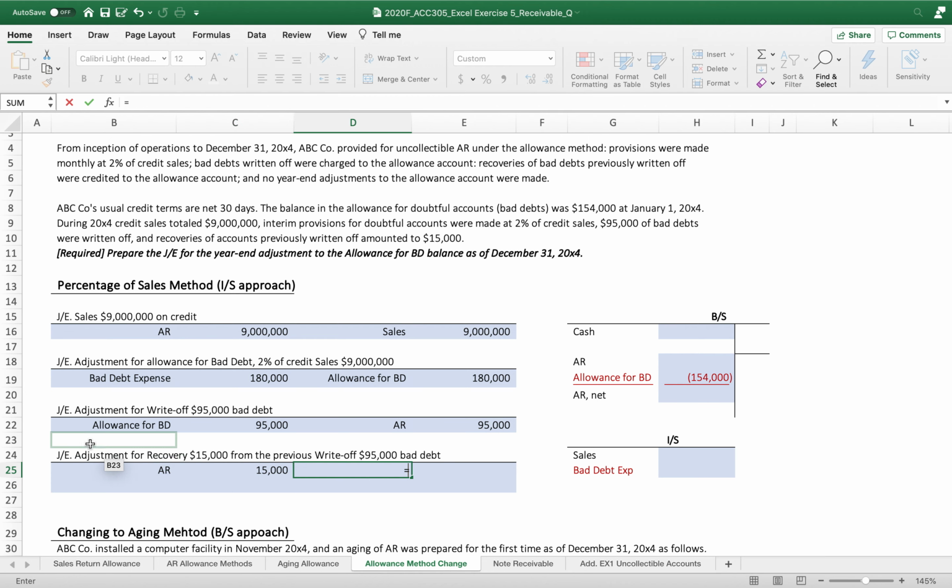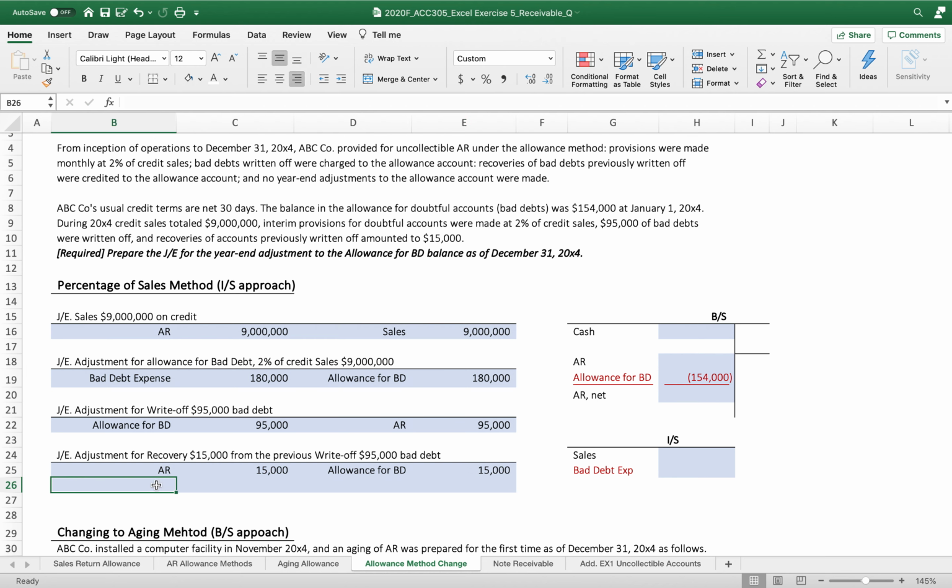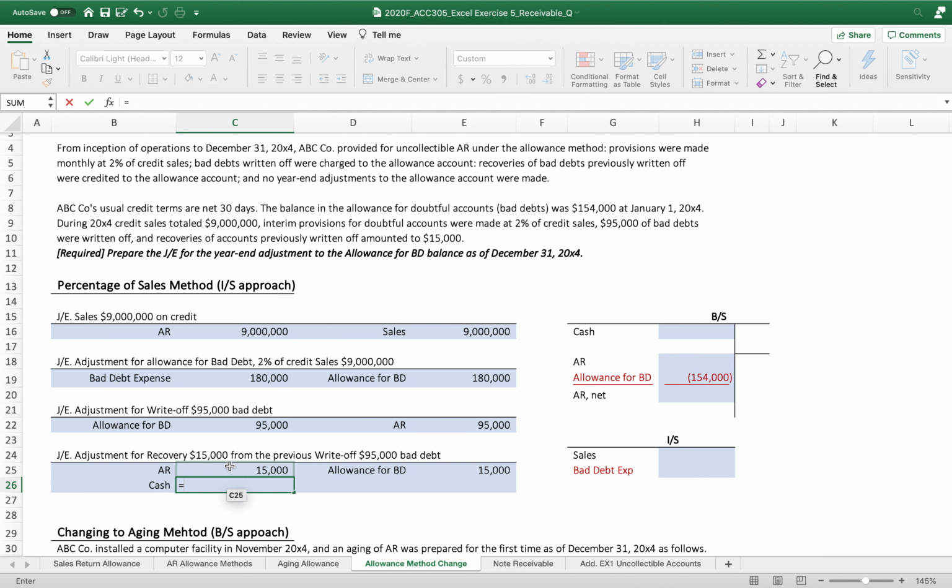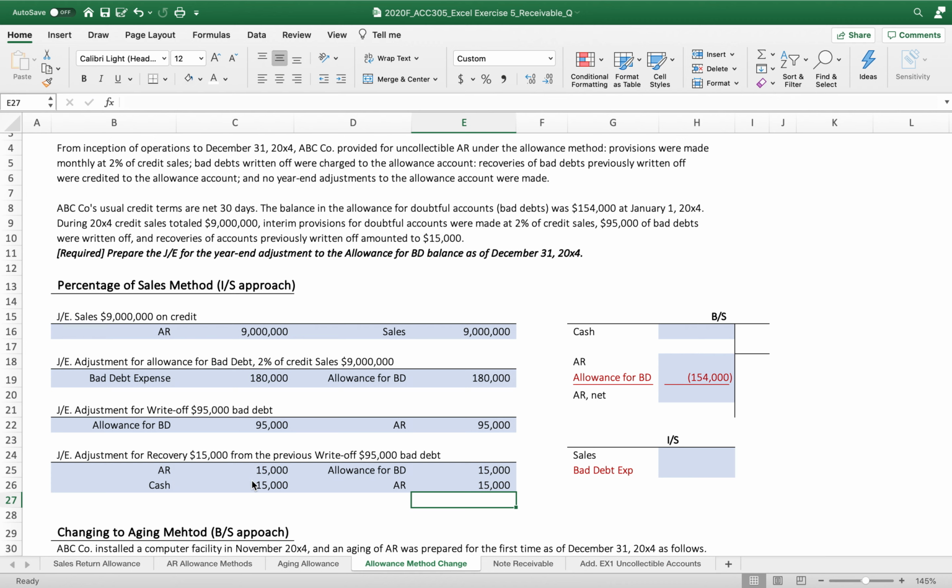And also we have to recover the allowance for bad debt because that was a wrong record. So the same amount. And the reason why we record recovery of 15,000 is because we received cash. We received cash 15,000.